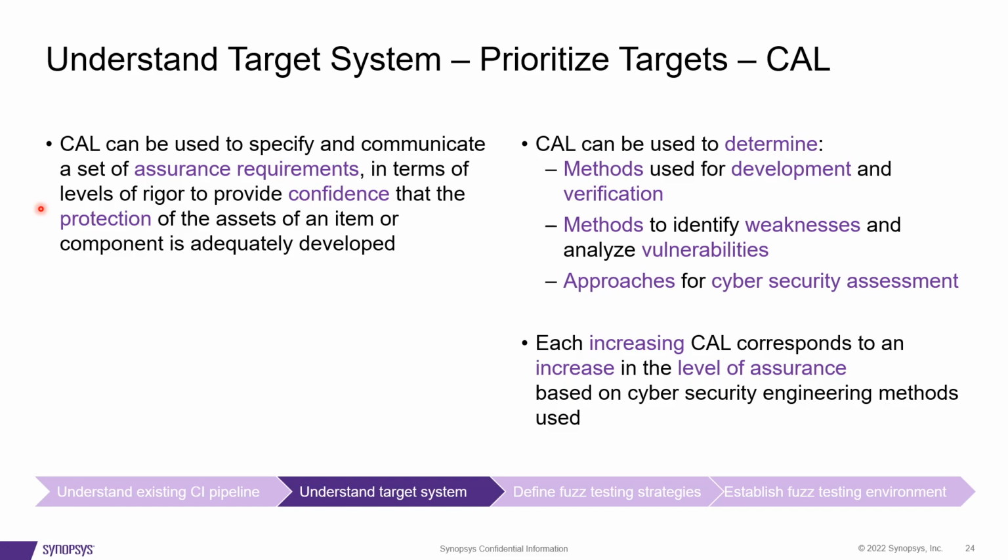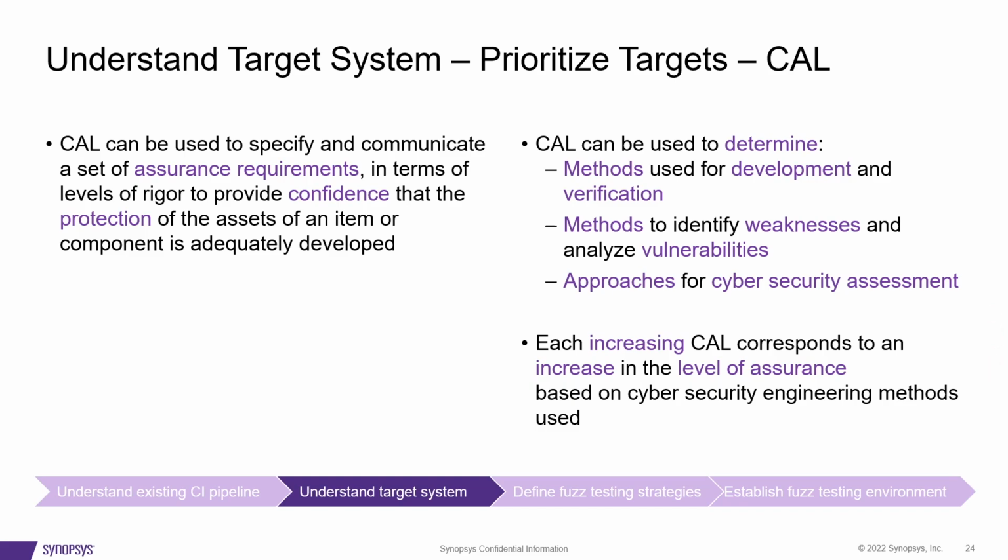And the way you use CALs is to, for example, define the types of methods that are used for development and verification, and the types of methods used to identify weaknesses and analyze vulnerabilities. And you can also define, for example, different approaches for cybersecurity assessment. So this would include, for example, more rigorous and more in-depth or a larger scope of certain testing for certain components with higher CAL.